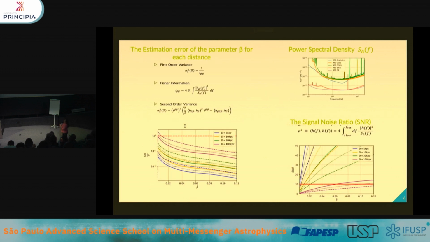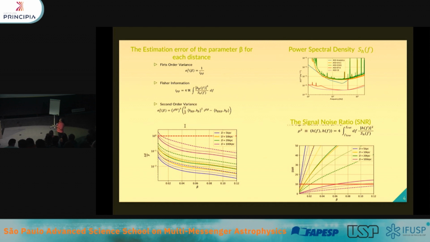And the estimation error, we calculate with these equations for the first order of the variance and the second order, and we have the relative error of the estimation of the parameter beta.